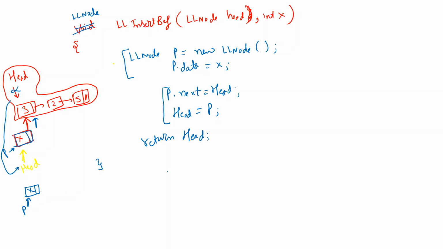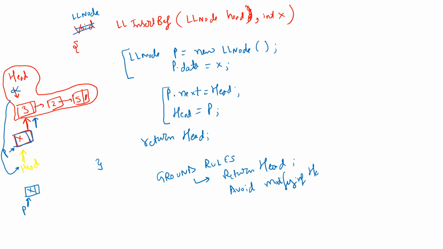There are two ground rules when you're working with linked lists, and those are important rules. One is you should always return head, always. So even if you're changing the head or not, you should return head. Second is avoid modifying head.